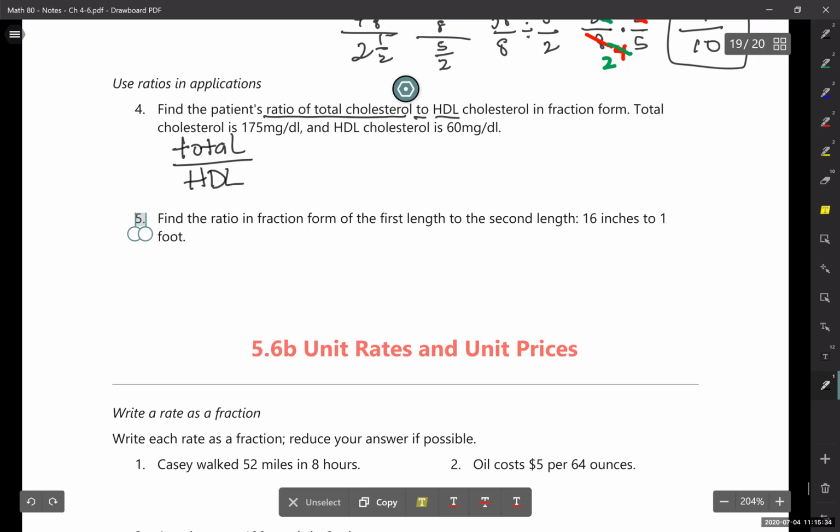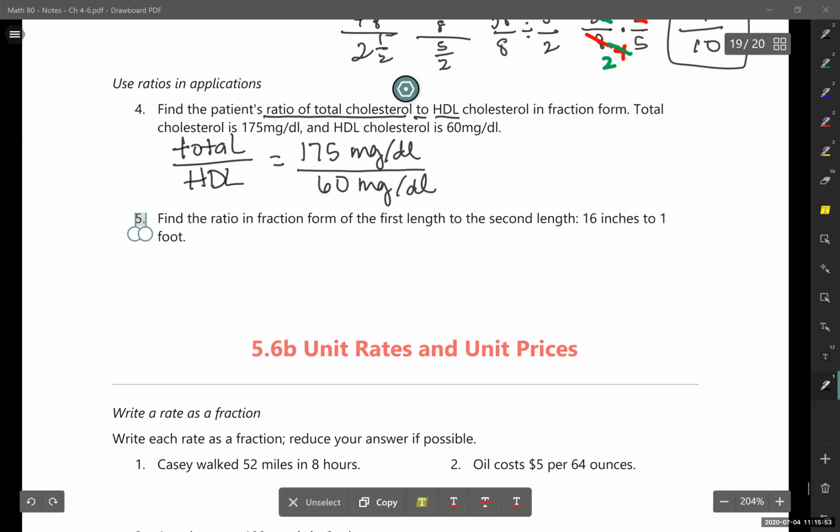That means total goes on top, HDL goes on the bottom. So the number with total is 175 milligrams per DL. Not sure, I'm not a doctor. And then 60 milligrams per DL.